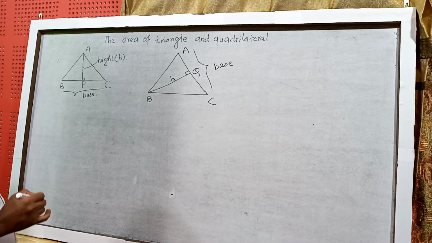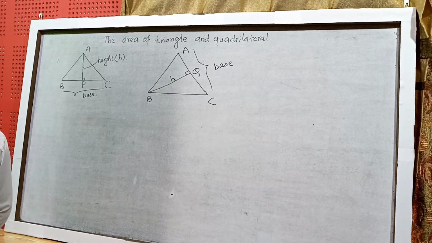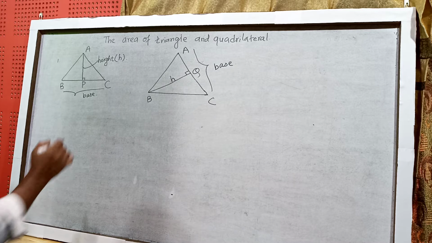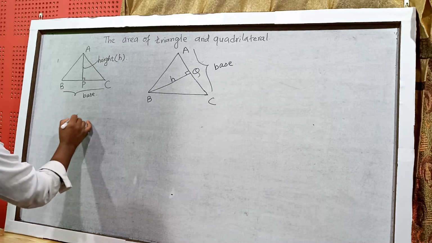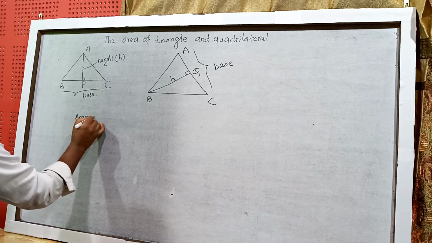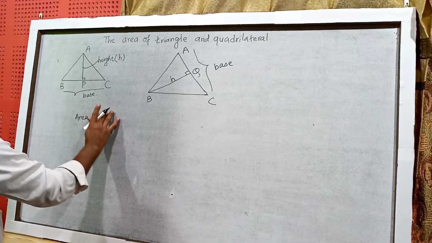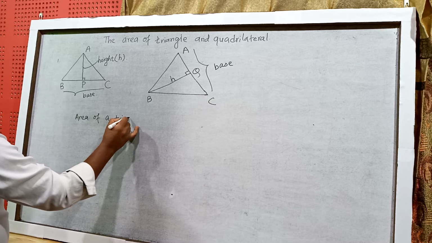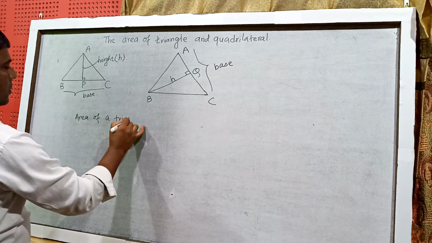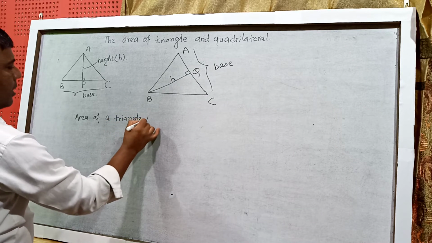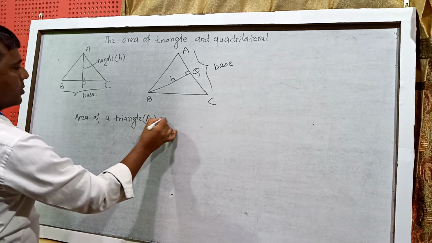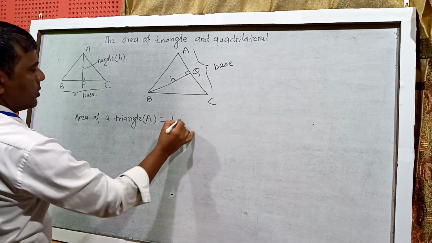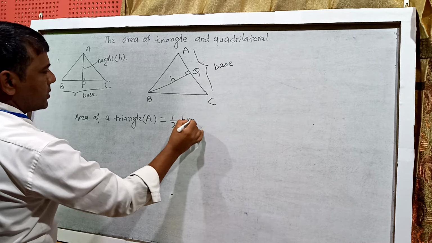Now, if we have the height and base of a triangle, then the area of a triangle A equals 1 by 2 base into height.